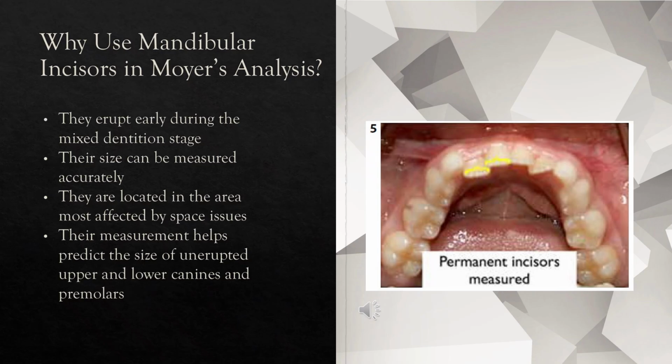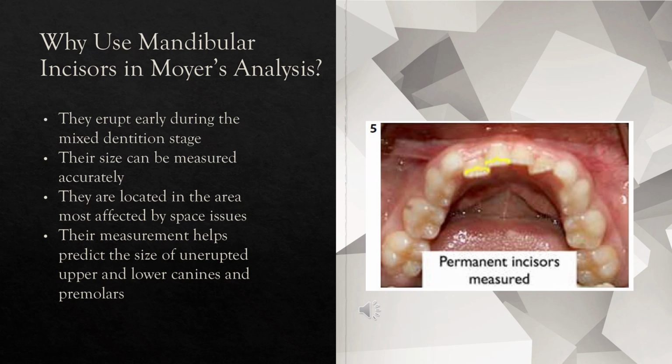In Moyers analysis, we use the mandibular incisors to make the predictions. Why? First, because they erupt early, so they're usually already present when space analysis is needed. Second, their shape and position make them easy to measure accurately with a caliper.